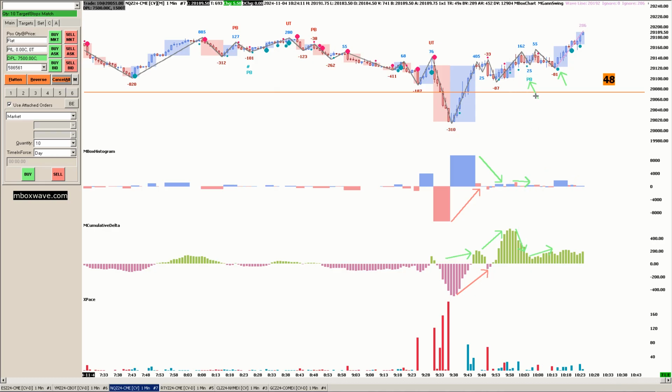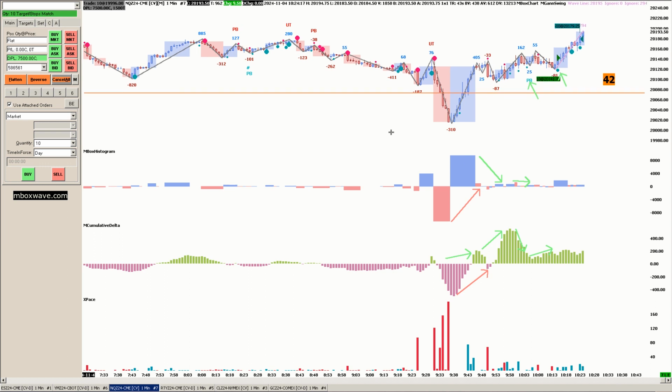All right, so there's the buy and the sell, where I entered, where I exited. The trade did work out, made $7,500. That's pretty good. It's not bad. Due to the volatility of the NASDAQ, you can pump out a decent profit if you make a good trade.